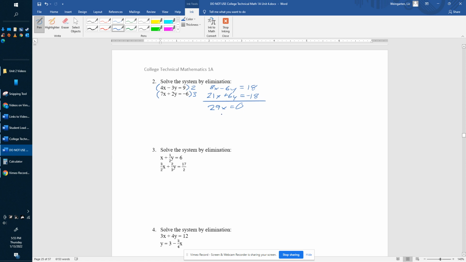Divide both sides by 29 and we get x equals 0. So let's plug 0 in for one of these. I'm going to plug it in this one because we have a nice positive y to deal with. 7 times 0 plus 2y equals negative 6. 2y equals negative 6. Oop, I'm getting ahead of myself. y equals negative 3. So there's our ordered pair.